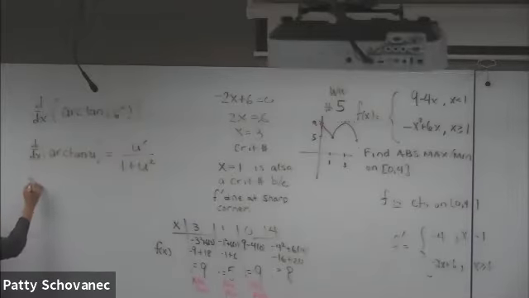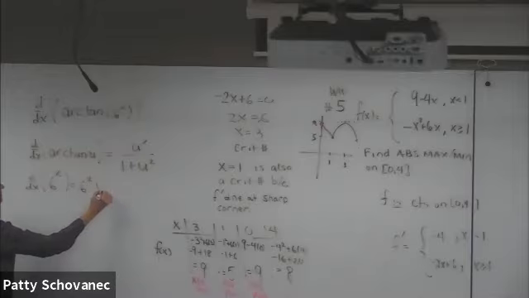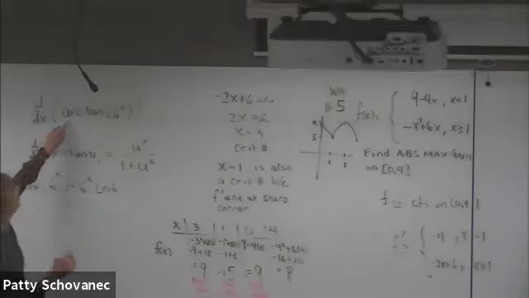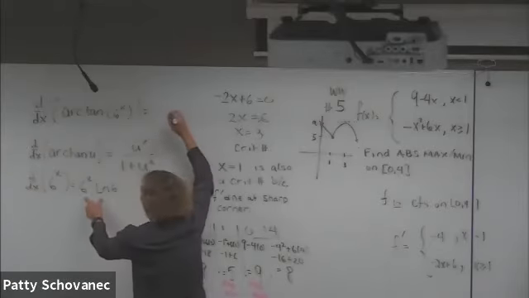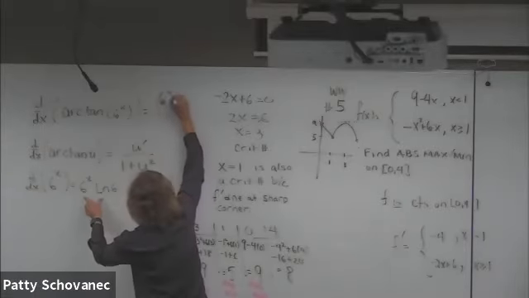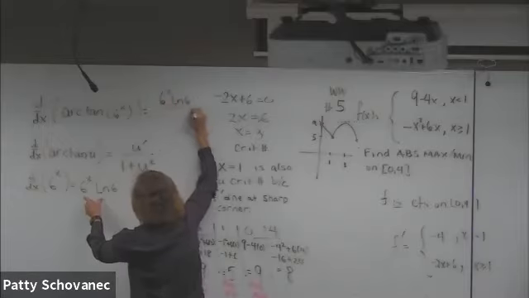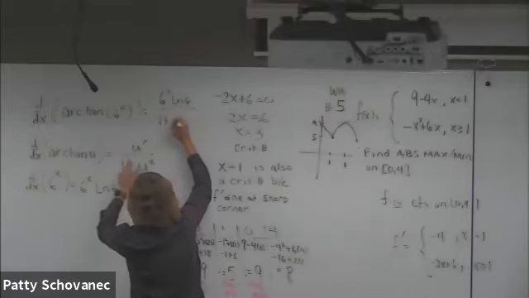And then the derivative with respect to x of 6 to the x, what's that going to be? 6 to the x times the natural log of 6, because the derivative of x is 1. So put these two together, and this should be u prime, 6 to the x natural log of 6, over 1 plus u squared.